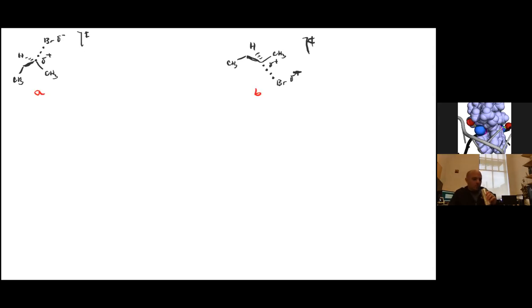And so the point here that I want you to see is that these two transition states are enantiomeric. And so if we have our XYZ plane, and I rotate the molecule in plane about this axis, I end up with a representation that looks like this.